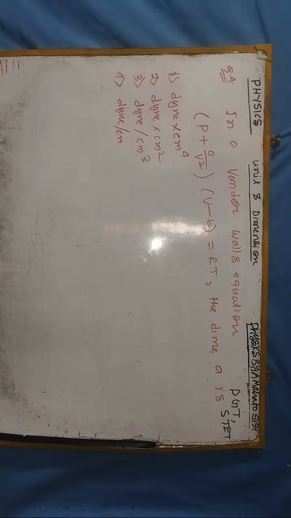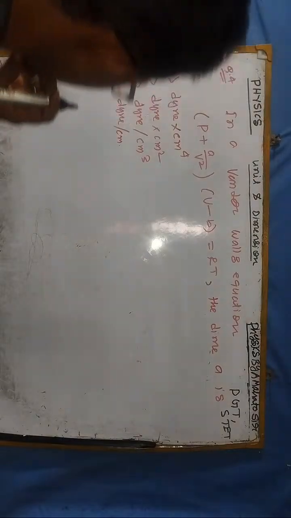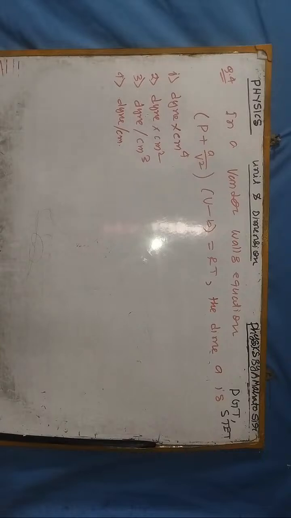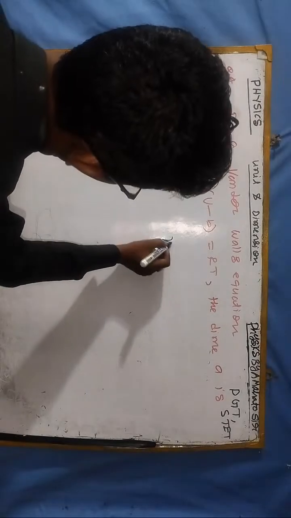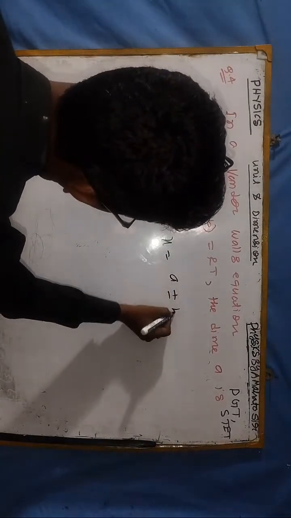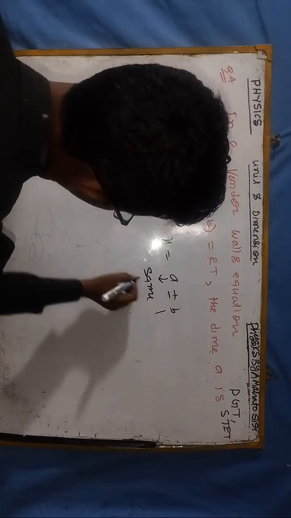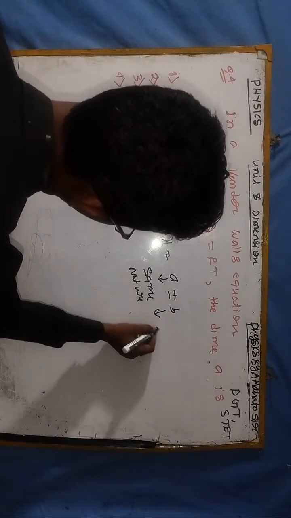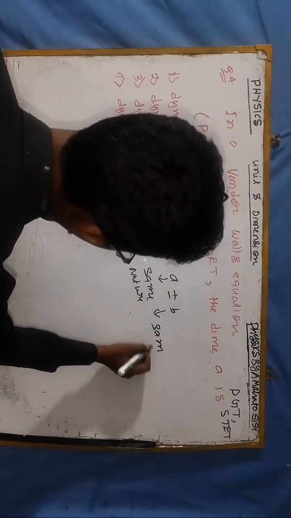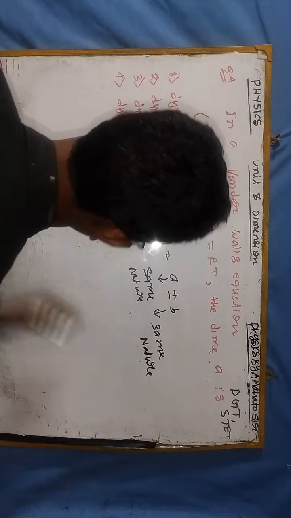In an equation, when two quantities are added or subtracted, they must be of the same nature, from the concept of the homogeneity rule.